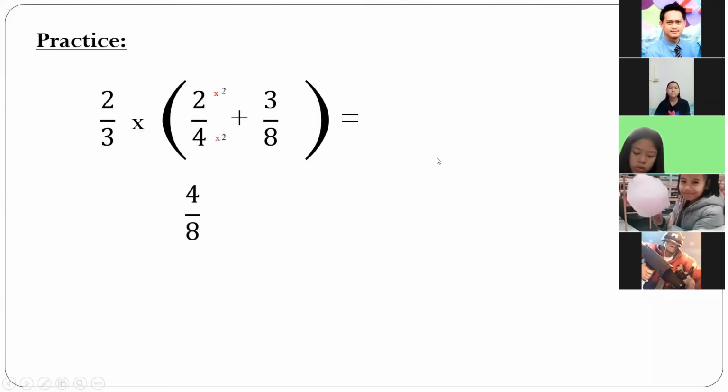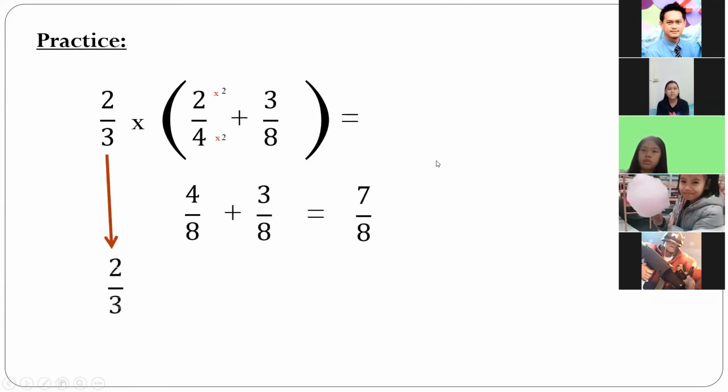Multiply by 2. 4 over 8 plus 3 over 8 equals 7 over 8. Proceed to the next operation. Are there any numbers we can cancel? 2 and 8. Okay, very good.